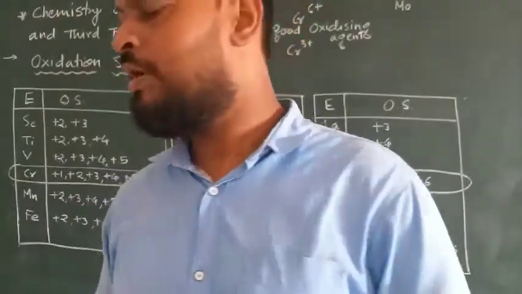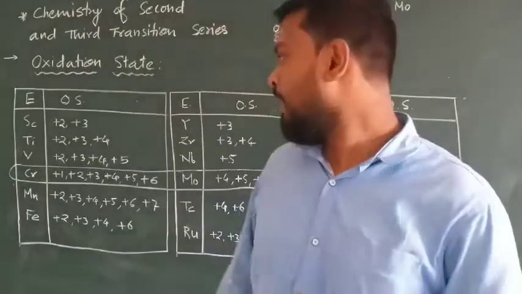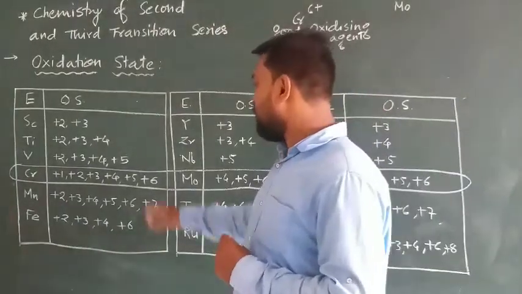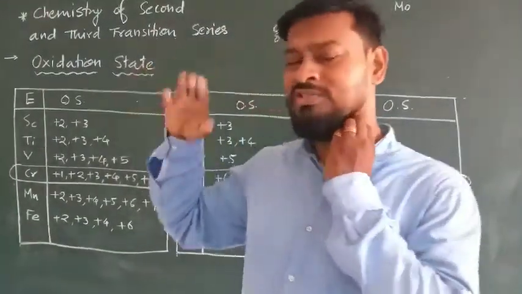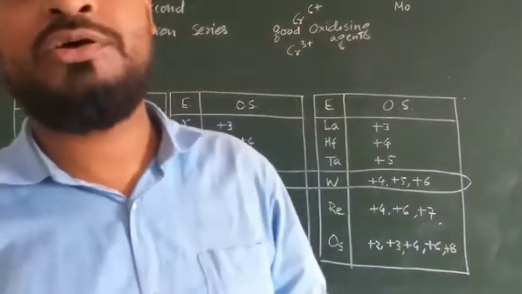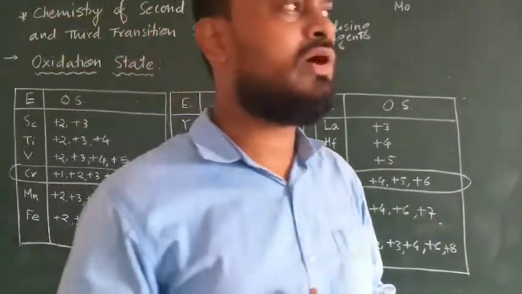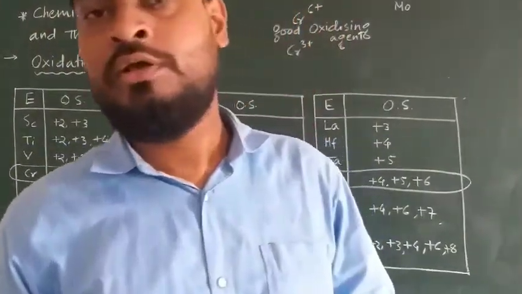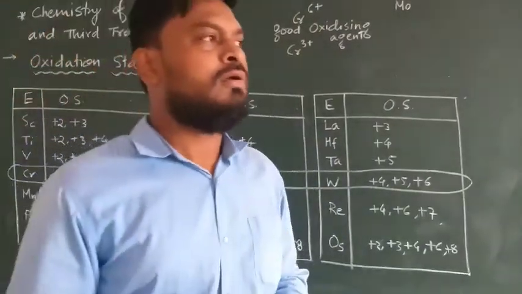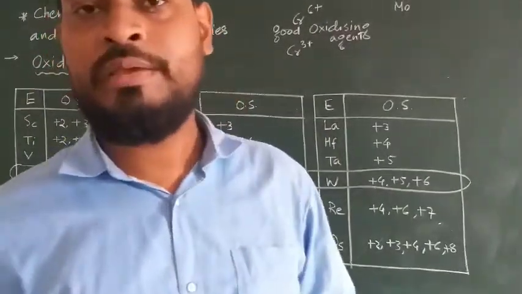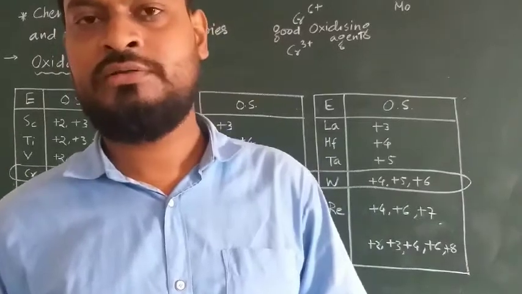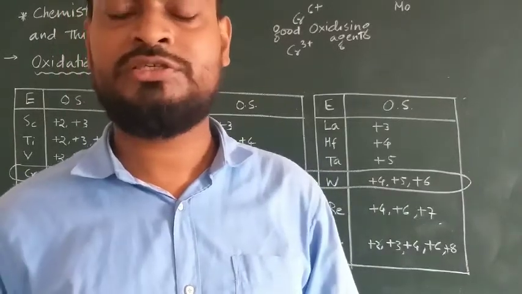You have to remember some points, and you don't have to remember all the oxidation states of these elements, because it is a little bit difficult. But a few points you can remember, like the maximum oxidation state, +8.